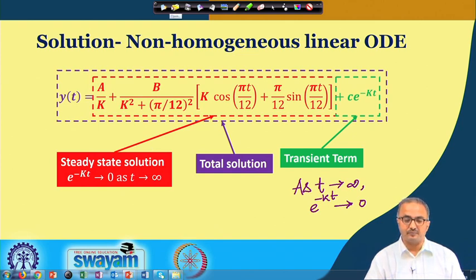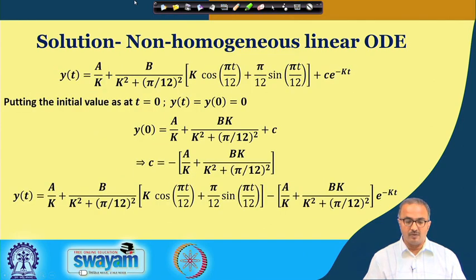Okay. So, now if we plot this expression, we can see what kind of variation this is. Now what we are doing is trying to find the value of the integration constant.